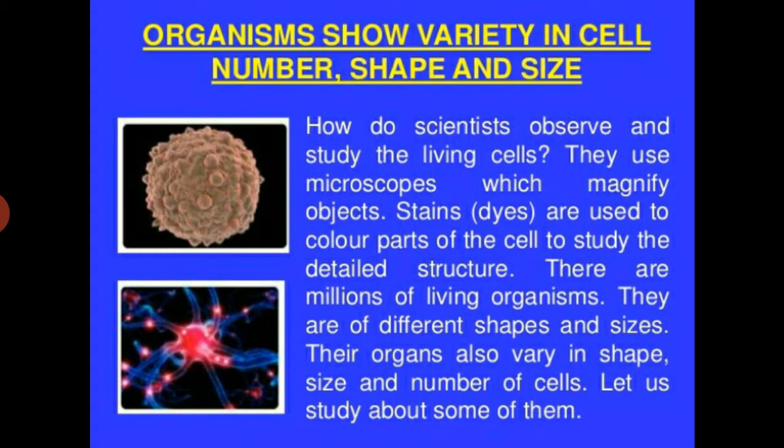There are millions of living organisms. They are of different shapes and sizes. You know that all living organisms are not the same shape or the same size. Their organs also vary in shape.